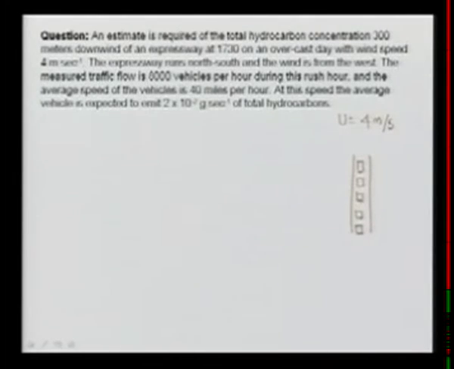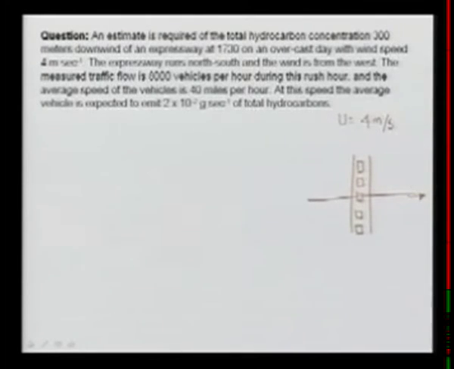It says the expressway runs north south and the wind is from the west. So the wind direction is like this, wind is from the west.